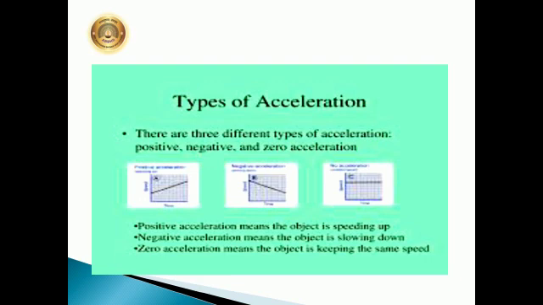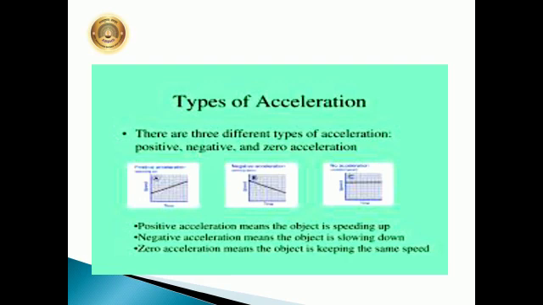Three types of acceleration: positive, negative and zero. Positive means the object is speeding up. Negative means the object is slowing down. Zero means the object is keeping the same speed. Acceleration is the rate of change of velocity.